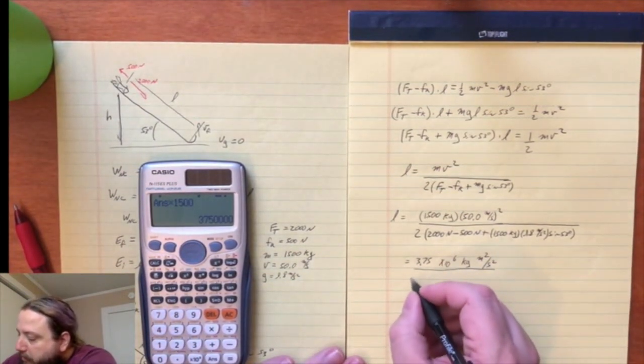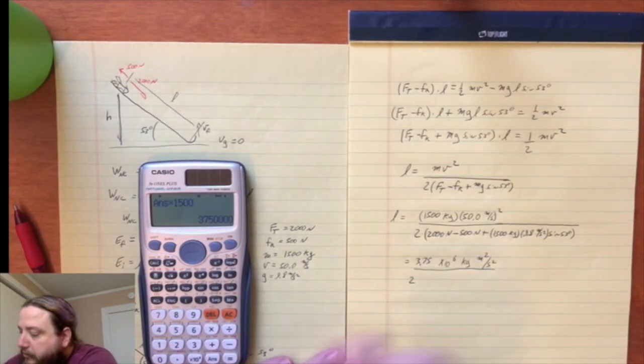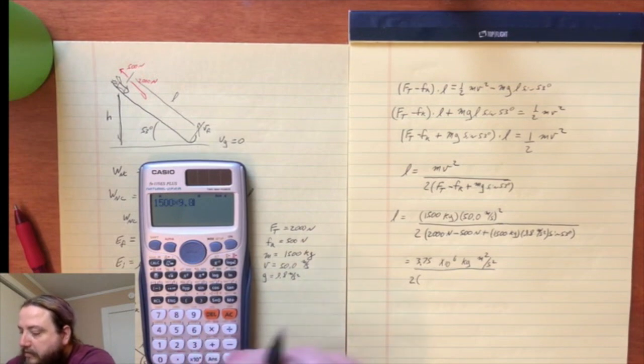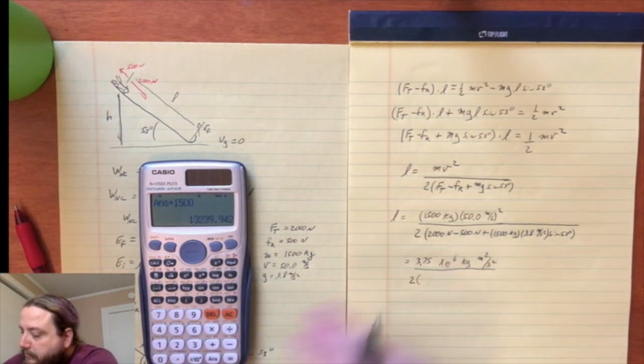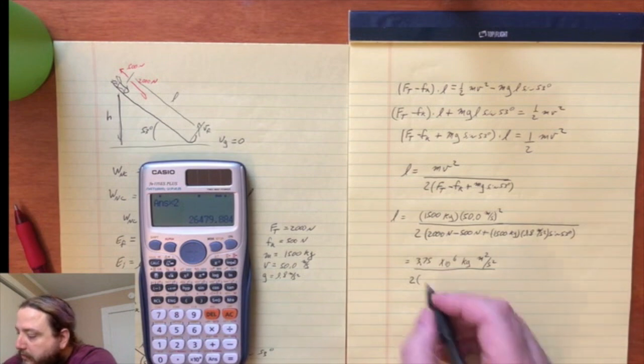And on the bottom we have 2 times, well, let's see, 1,500 times 9.8 times the sine of 53 degrees plus 1,500 newtons, multiplied by 2 on the bottom.